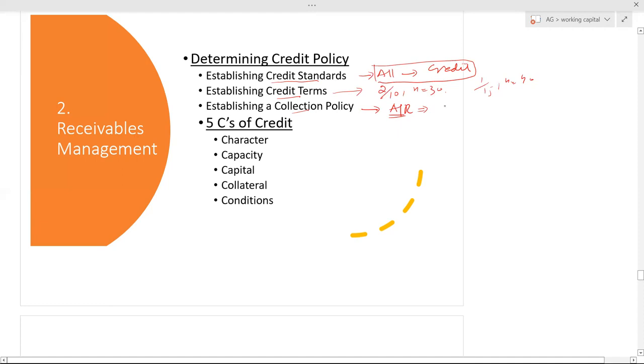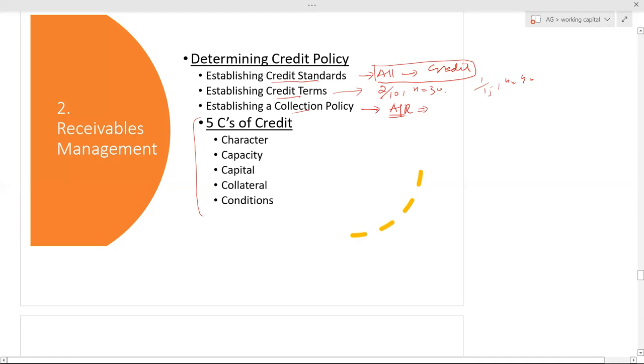A legal notice, or a very soft reminder, or what? This should be part of the policy when the company is making the credit policy.